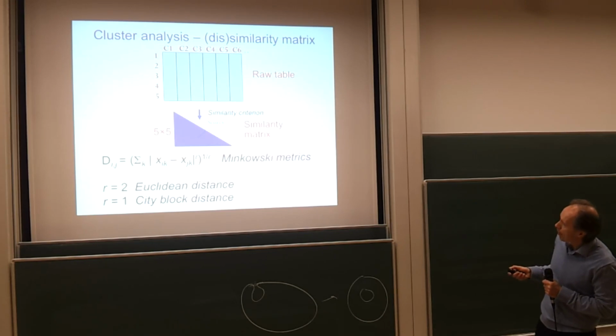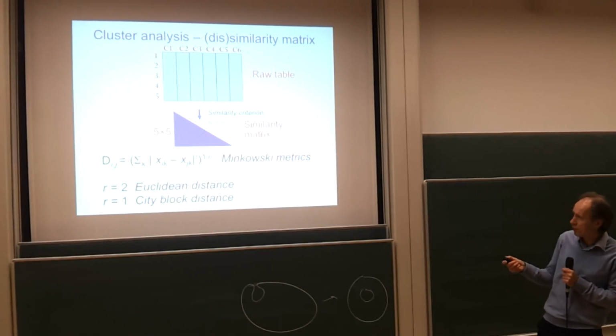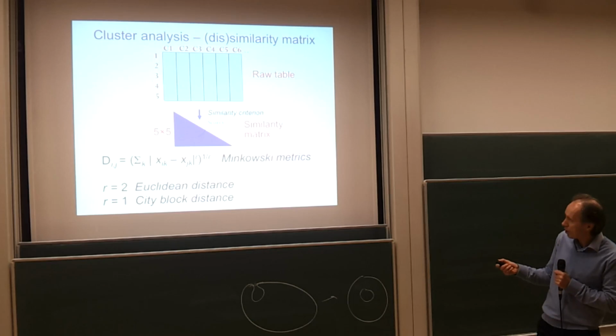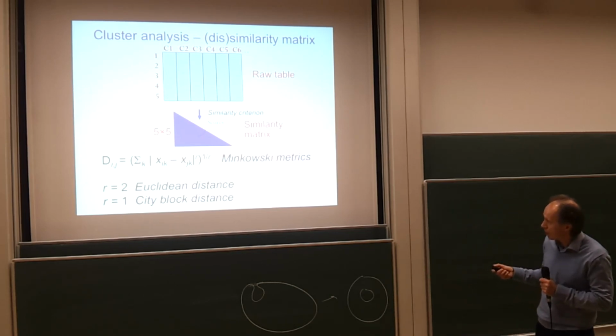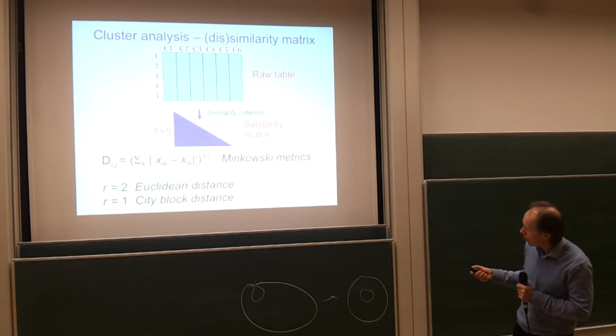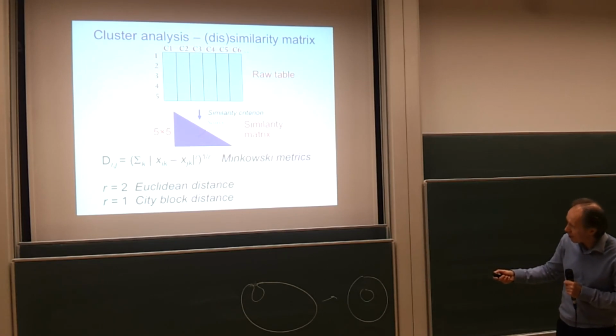Now, this is the first step. We want to convert the towns in the Netherlands, the 2 axes, the table, to a set of distances or similarity numbers, the opposite side of the same coin. So here we have distances, and you see here that Minkowski, another great name in science, also Polish by the way, had a definition of distance, and you see there is a letter R, so this is the power R, and then you take the R-th root.